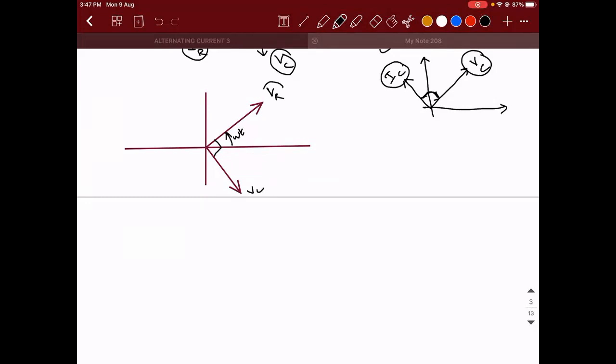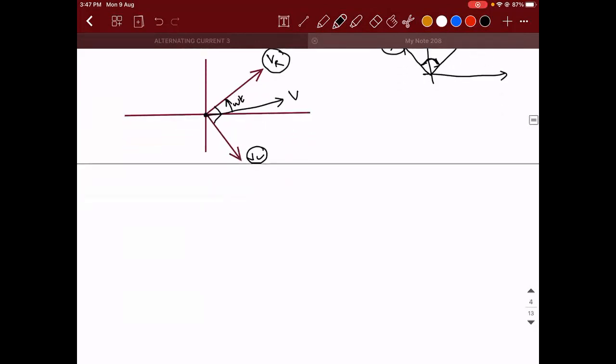Now, if you observe, VR and VC are co-initial vectors. So, how is the resultant going to be? The resultant will be something like this. So, if I call that resultant V, then how can I write V?